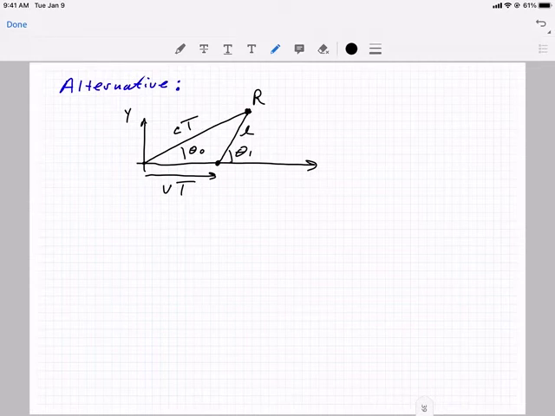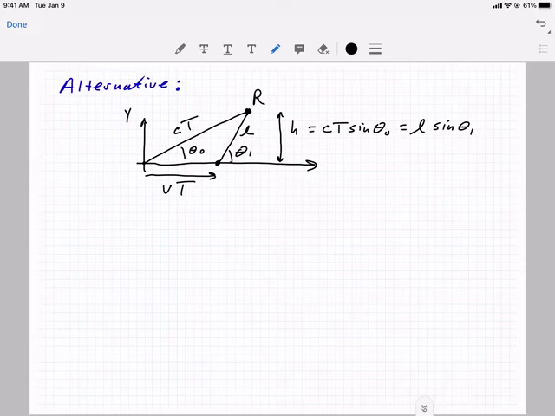So what we have to do is consider this height h. We're going to write that as ct sine of theta naught, but it's also equal to script L times sine of theta 1. Okay? And then we're going to use the law of cosines.